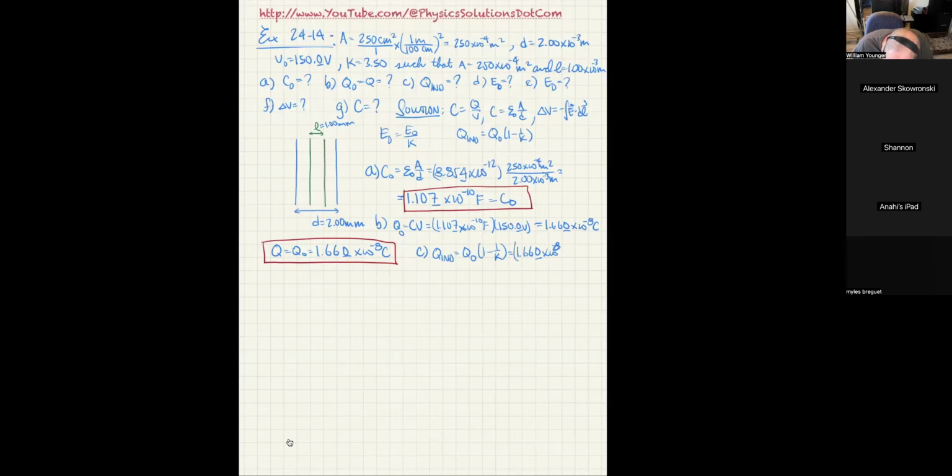Again, coulombs is the unit, but I'm going to leave the units off this time. I'm making an ugly little exponent over here, so I'm going to try to clean that up a little bit. I could really use some medication to stop me from being so obsessive compulsive, but there we are. 1 minus 1 over 3.50.